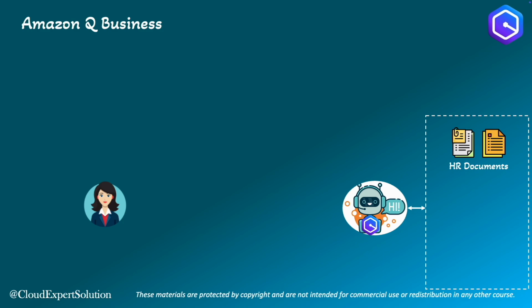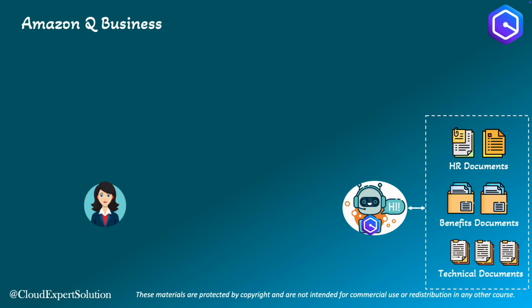It can seamlessly integrate with your HR policy documents, medical plan data, or even technical documentation. And Amazon Q Business enables you to provide instant answers, generate summaries, or even automate routine tasks like submitting time off requests, making the operation smoother and more efficient for your organization.